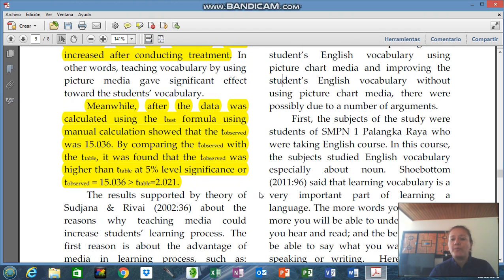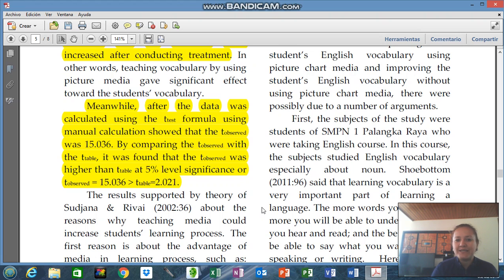We have this other part that is indicating to us that this was quantitative research. Meanwhile, after the data was calculated using the t-test formula using manual calculation, it showed that the T observed was 15.